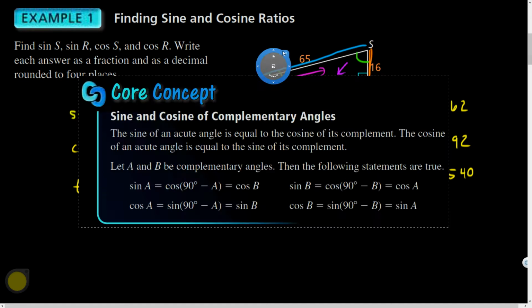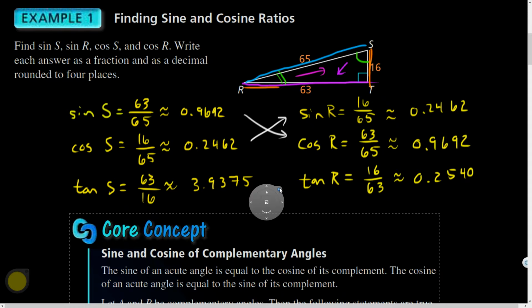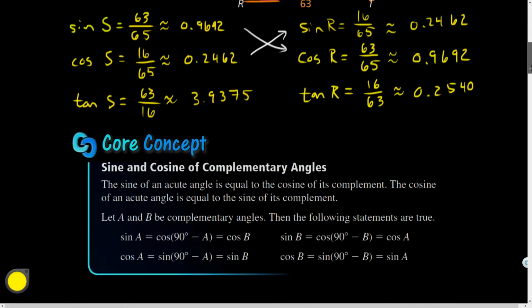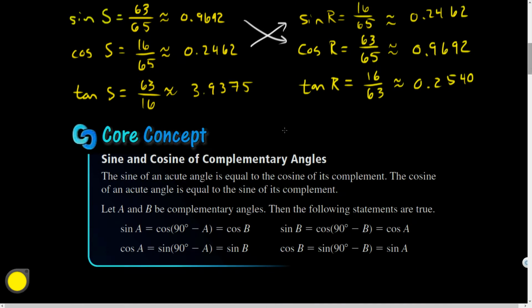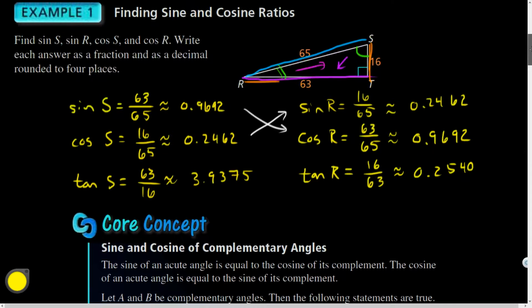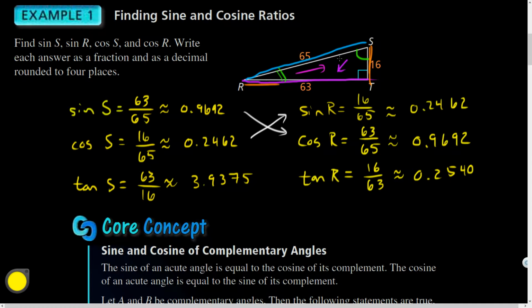We also noticed another relationship, which is that sine and cosine of complementary angles are equal to each other, right? So sine of one angle is going to be the cosine of another angle if those angles are complementary. How did I know that these two green angles were complementary to each other?